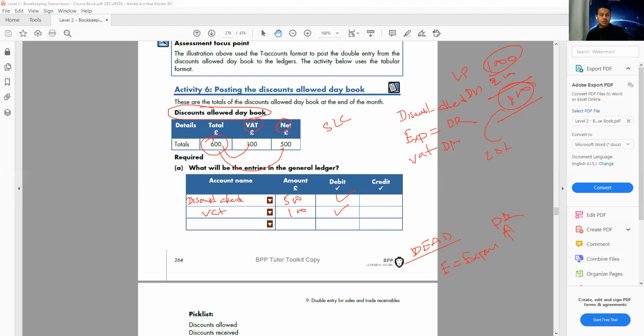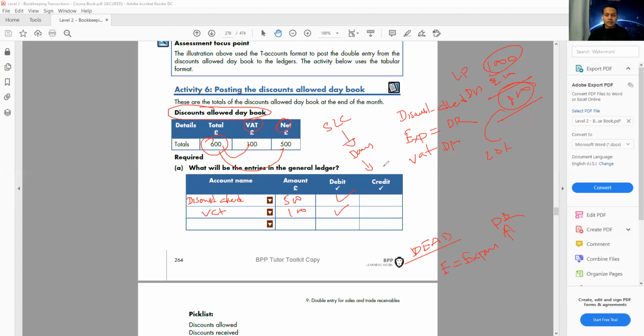My sales ledger control balance will go down. If my sales ledger control balance goes down, then will my sales ledger control be debit or credit? If the customer balance goes down, it will be debit or credit? That will be credit. Very well done.